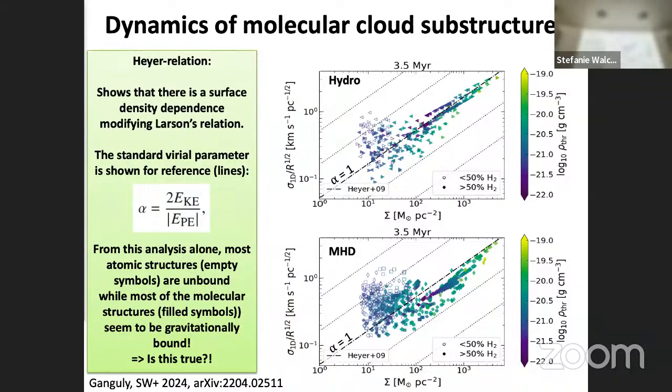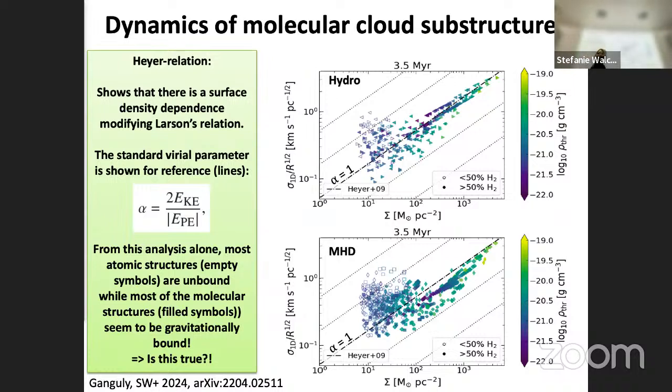Because if everything lay on the relation that sigma is proportional to r to the 1/2, we would see this. And Heyer showed that in fact you don't see a flat line, but an additional scaling with surface density. And you can introduce lines here which guide the eye for the virial parameter.